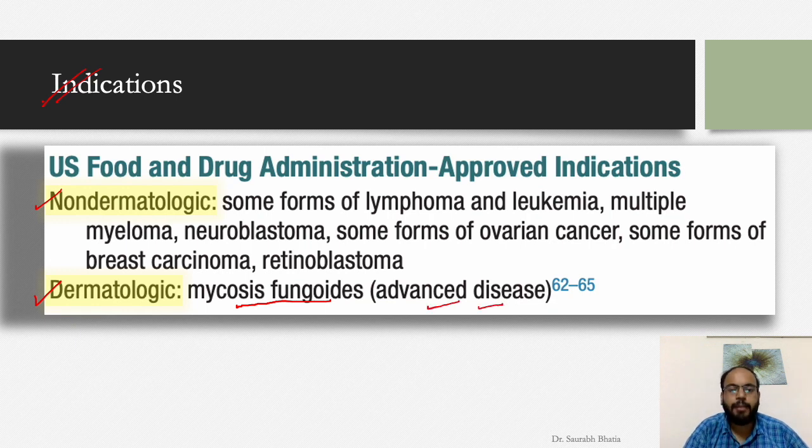So, we need to keep in mind that there is one indication for use of cyclophosphamide in skin, and that is advanced mycosis fungoides. Non-dermatological, like any other immunosuppressives, is lymphoma, leukemia, multiple myeloma, ovarian cancer, breast carcinoma, retinoblastoma. So we just need to remember that there is one indication in dermatology, and that is advanced mycosis fungoides disease.